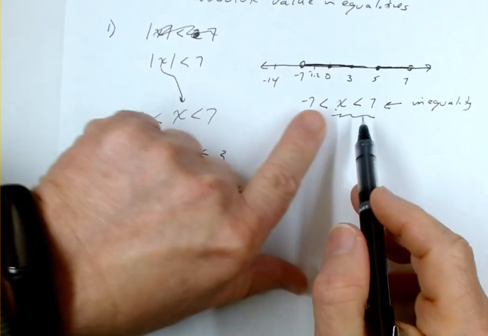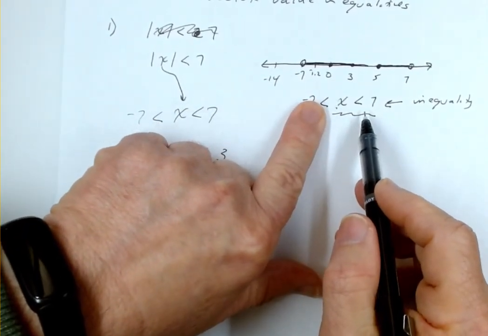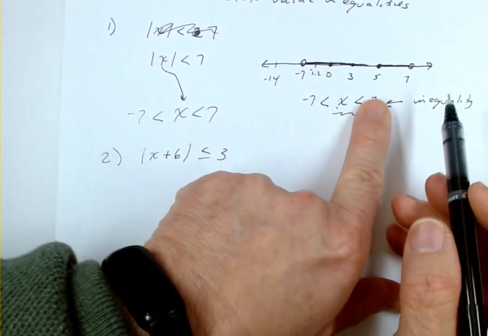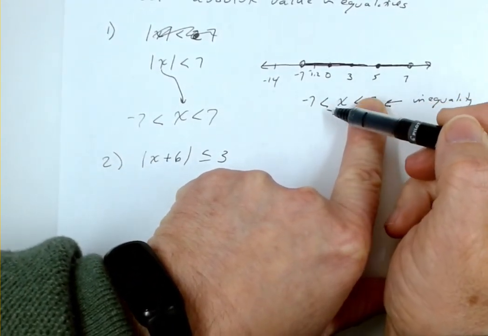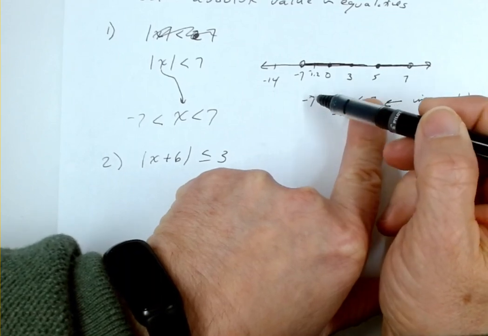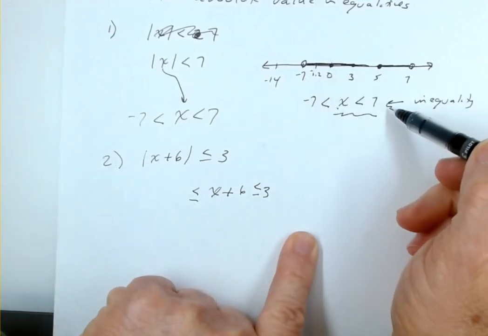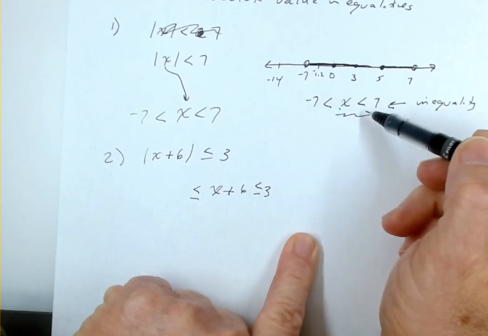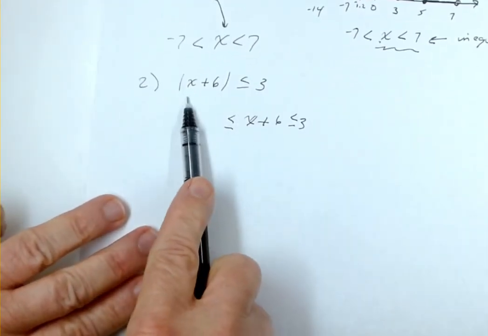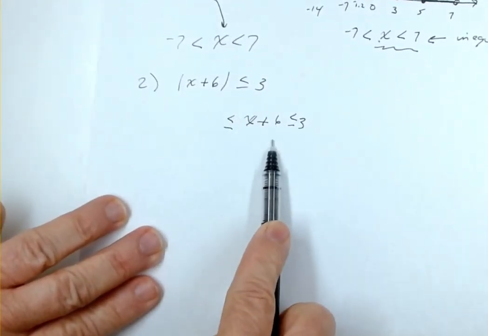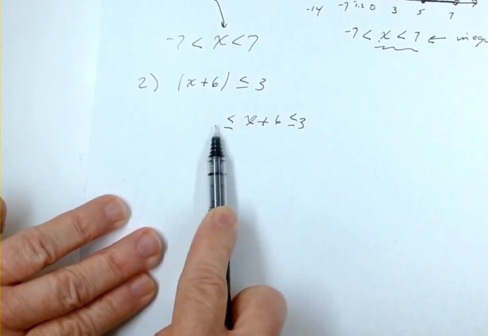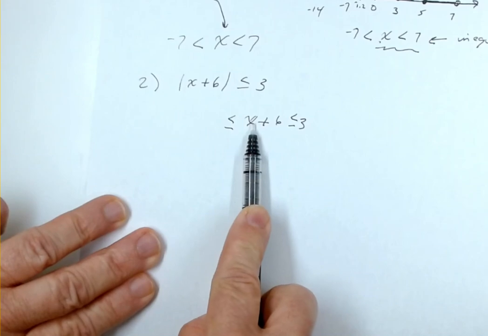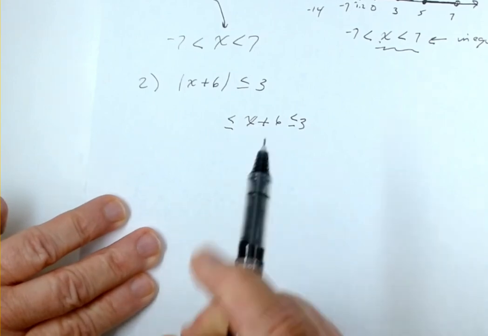This solution set says x is less than 7, and at the same time, x has to be what? Greater than a negative 7. Opposites on the outsides. Okay, we're going to do this again. x plus 6 is less than or equal to 3, and at the same time, x plus 6 has to be greater than or equal to a what? -3. Negative 3.